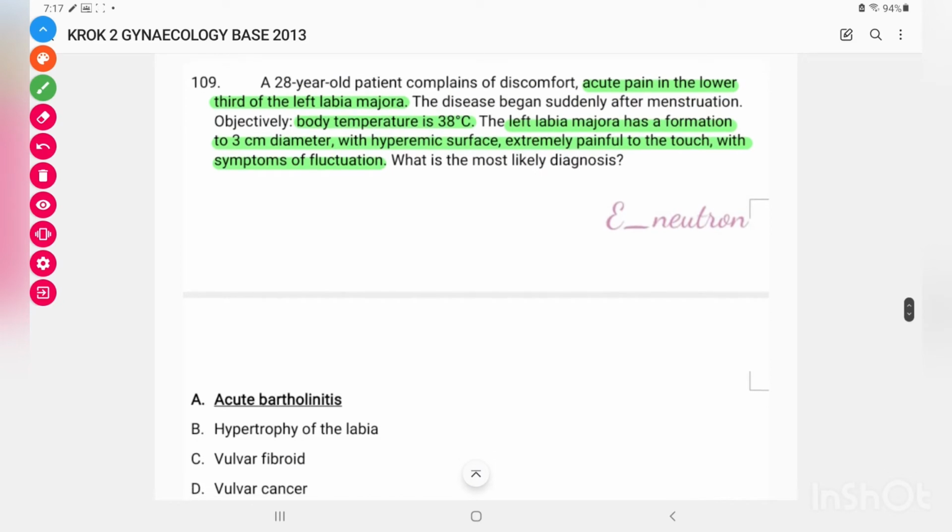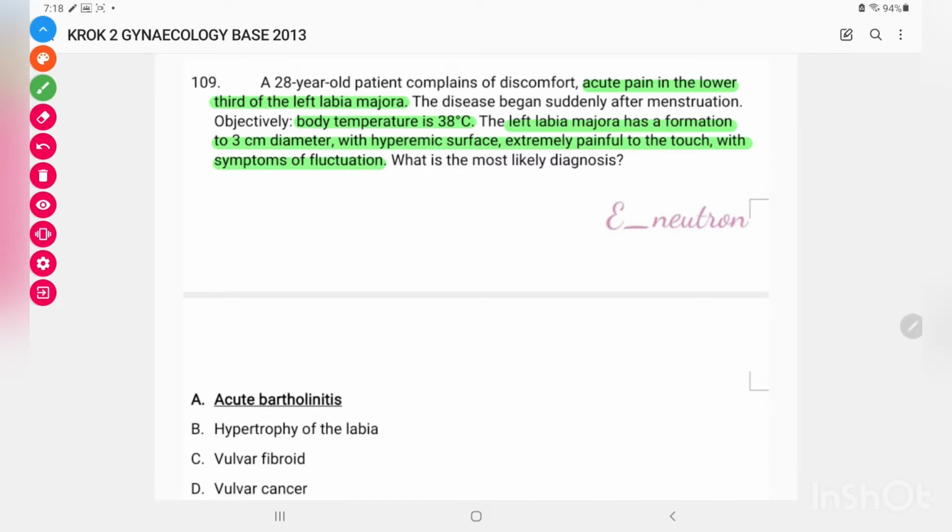Next question. A 28-year-old patient complains of discomfort and acute pain in the lower third of the left labia majora. The disease began suddenly after menstruation. Body temperature is 38 degrees Celsius. The left labia majora has a formation 3 cm in diameter with a hyperemic surface, extremely painful to touch, and there are symptoms of fluctuation.